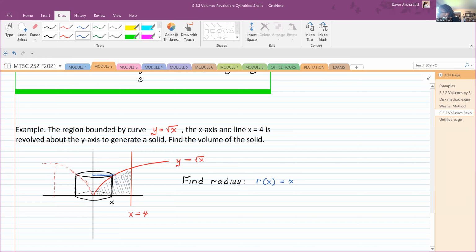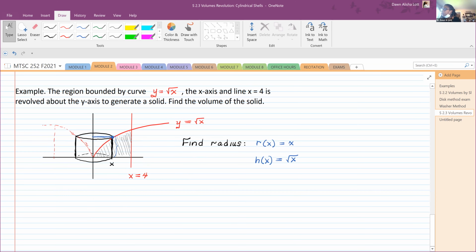And then I need to find the height of my shell. The height of my shell is just this value right here, but that value is f of x, so the height is just the square root of x, because for any x, that height is its square root. This is what we were talking about in some of the other problems, being able to identify what that value is.